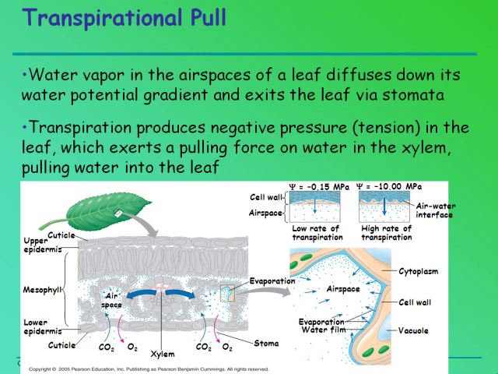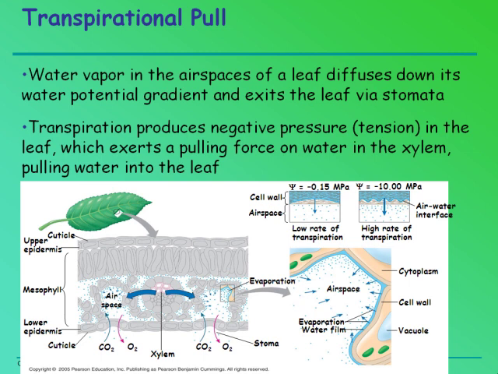So it's moving out here. At first, the water vapor lost by transpiration is replaced by evaporation from the water film that coats the mesophyll cells. You can see that there.